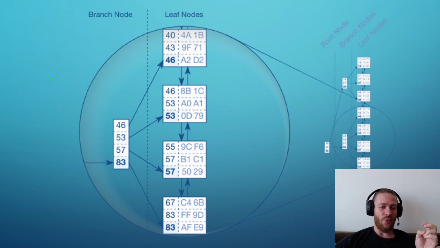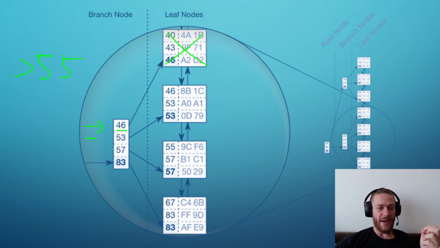So let's say we need to find all values which are greater than 55. The database will compare 55 to 46 and it will dismiss this node.